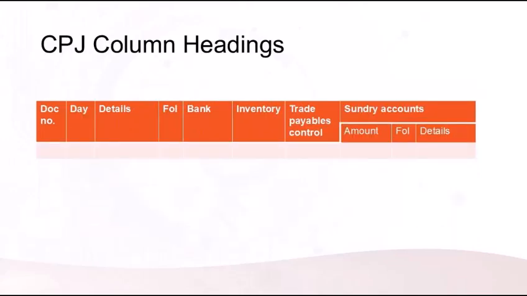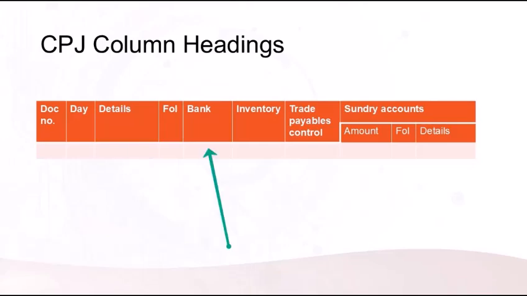The cash payments journal has very similar column headings as the cash receipts journal. The document number connects the cash slip, cash invoice or internet banking notice of payment to our document number column. The date tells us when the payment was made. The details show who was paid or what it was for.